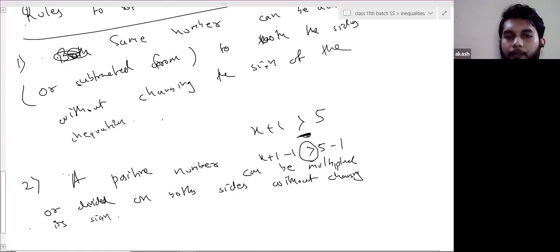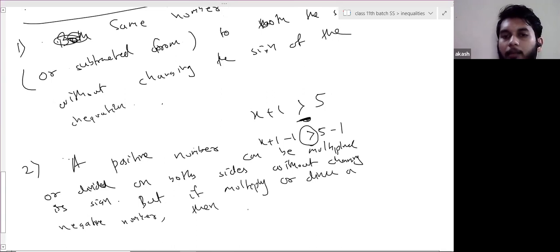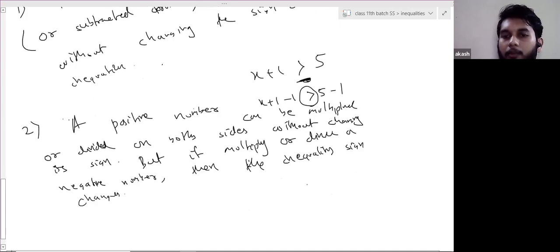All right, but if you multiply or divide by a negative number, then the inequality sign changes. All right, Fahad. What this means, if you have 2x greater than 4, then you can divide by 2 on both sides without affecting the sign of inequality.